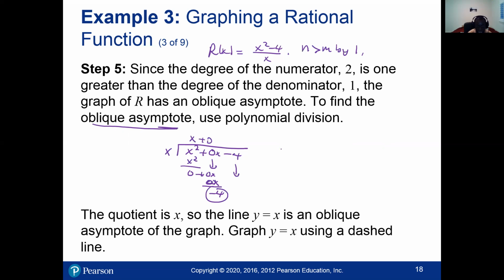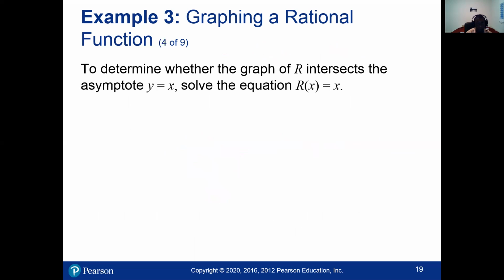And so the line y equal to the quotient, which is just x, is your oblique asymptote. Now it says determine whether the graph crosses the oblique asymptote or not.